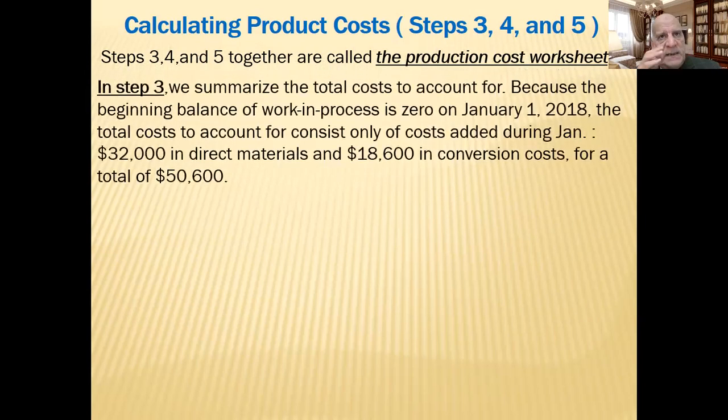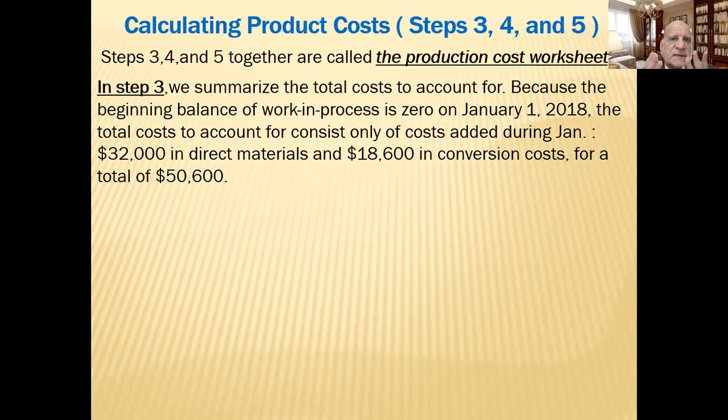In step 3 of this report or of this worksheet, we summarize the total costs to account for. We have to accumulate the costs of each cost element, because the beginning balance of work in process is 0 on January 1 in this case.